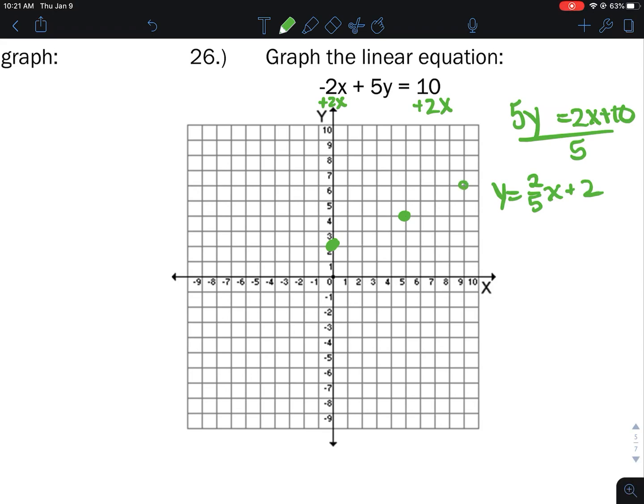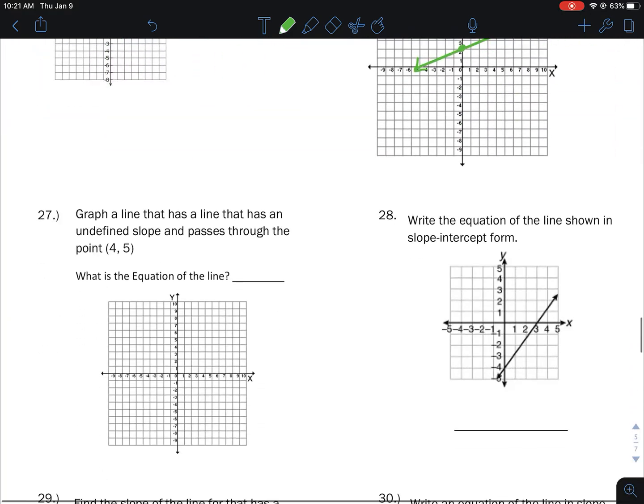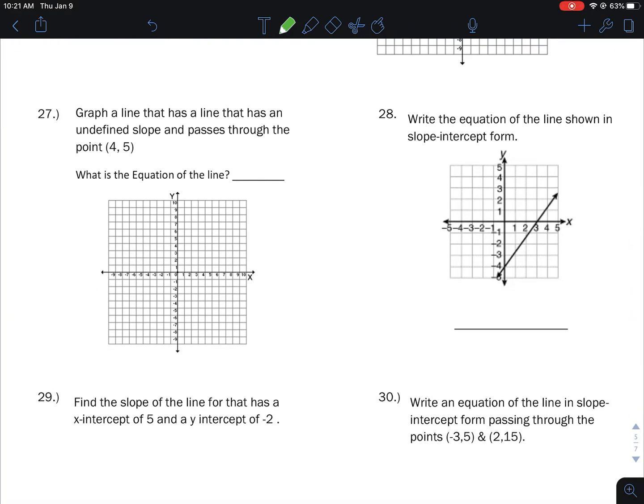Is that right? 1, 2, 3, 4. Oh, that's not right. Also not right. There we go. 2 fifths is hard. Okay, so that should be your line there. You could also do intercepts with that one too. It would get you the same answer.